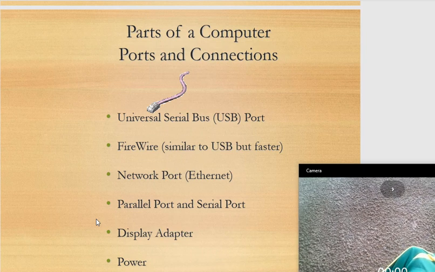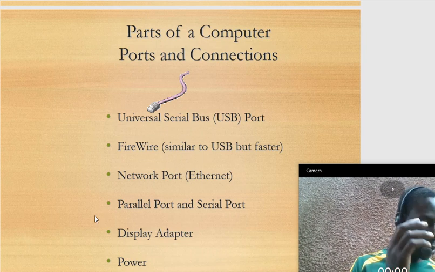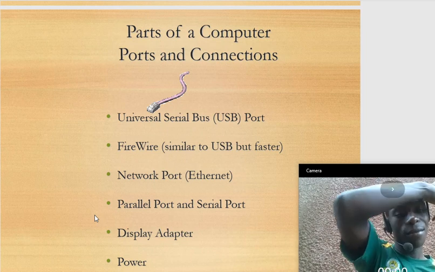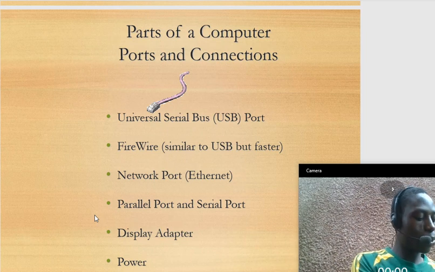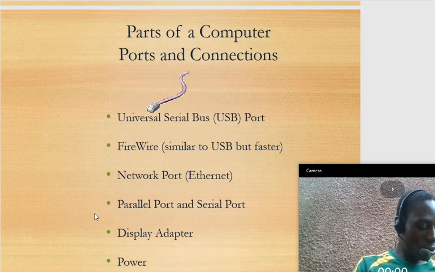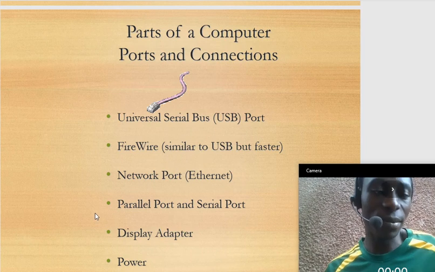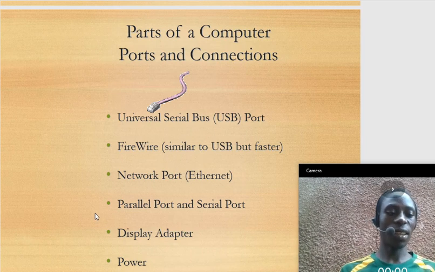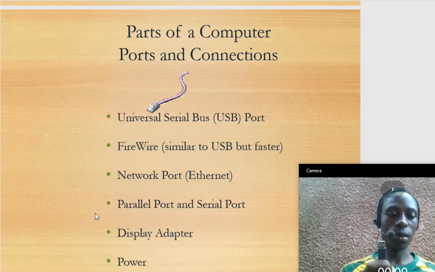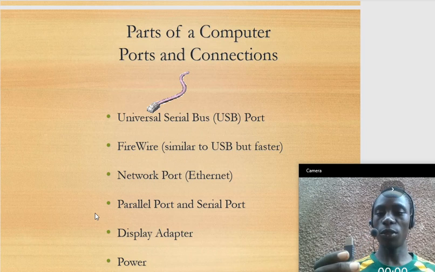Let me see whether I have something here. Oh my god, I don't have a USB here with me, but I can get it. I see, this is a USB cable. This is for the mouse, an optical mouse.